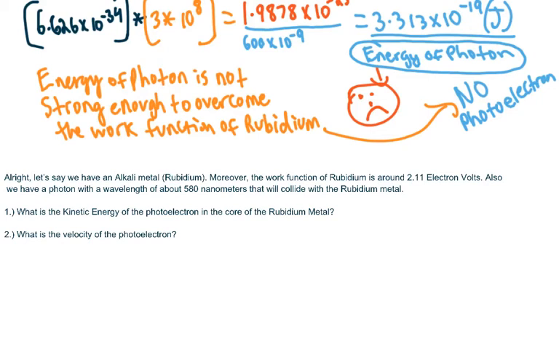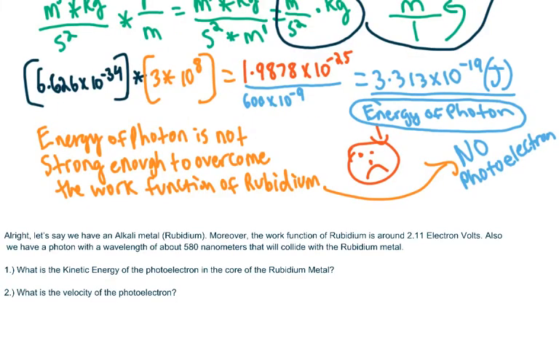Okay, so we have the same alkali metal, rubidium, and we said that the work function is 2.11 electron volts like the last problem. But this time the wavelength of the photon that will hit that rubidium metal and affect the core electrons is 580 nanometers. Remember previously it was 600 nanometers, now it's less.